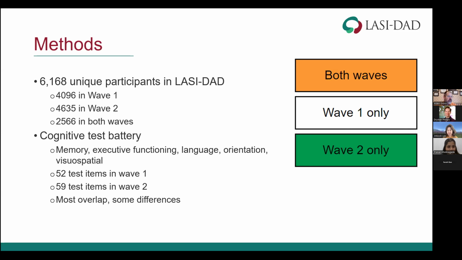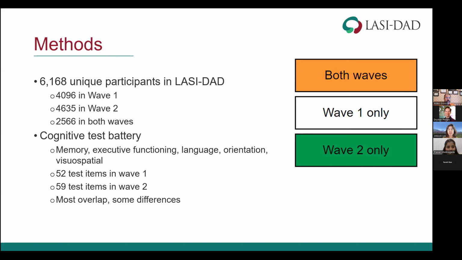And you gave an excellent presentation, a rundown of the cognitive test battery. We have tests of memory, executive functioning, language, orientation, and visual spatial ability. What we've done for our harmonization is to drill down, and I want to distinguish between a cognitive test and a cognitive test item. A cognitive test might be the CERAD word list learning test, but a cognitive test item, there are multiple items to that test, such as the immediate recall.